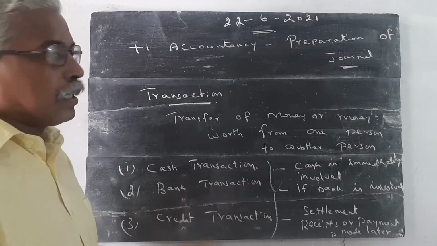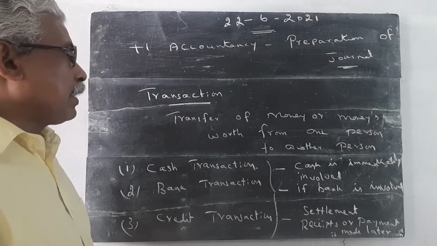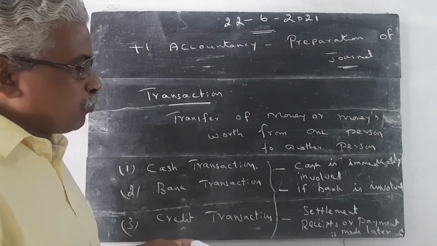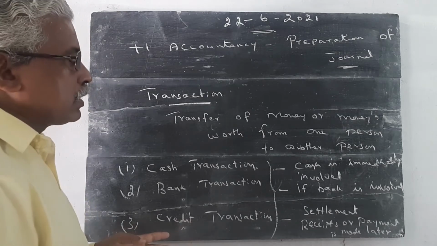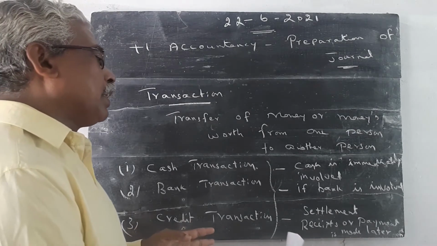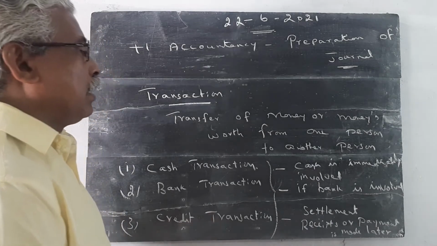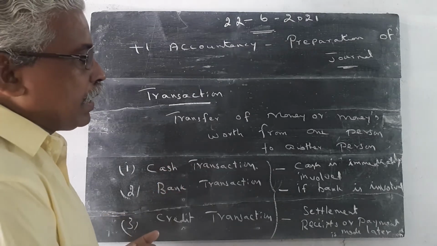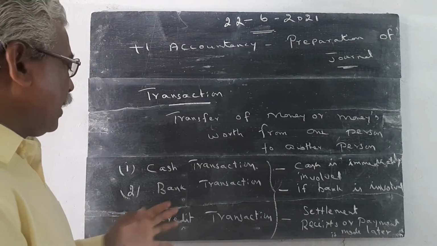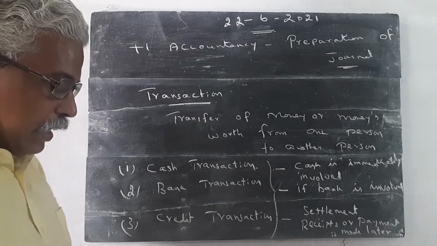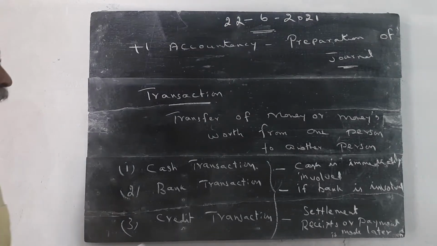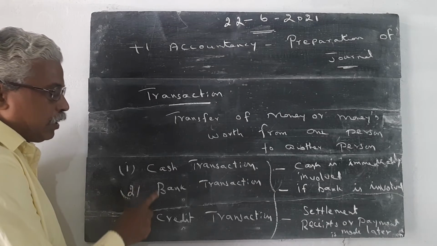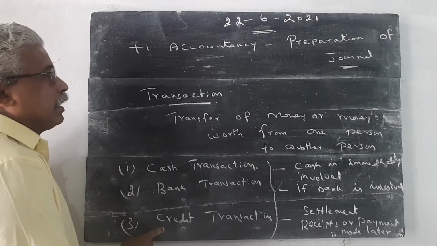Credit transaction: when settlement is made in future, that means receipts or payment is not made immediately. If it is paid immediately, it is a cash transaction. If it is not paid immediately, but the payment or receipt is made in future, it is called a credit transaction. So the three transactions are very important.